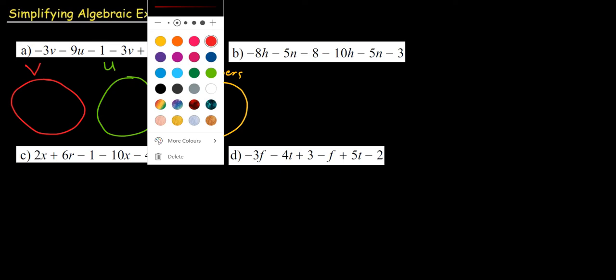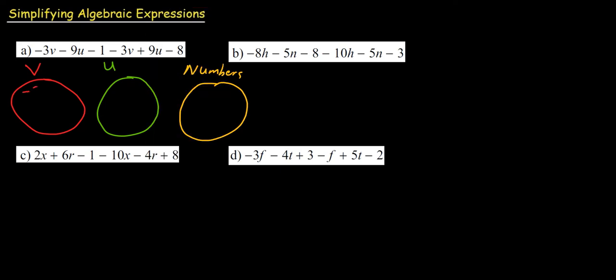Okay, so just looking at the variables, we have negative 3v, negative 3v, we've got negative 9u, positive 9u, and the numbers, we have negative 1 and negative 8.